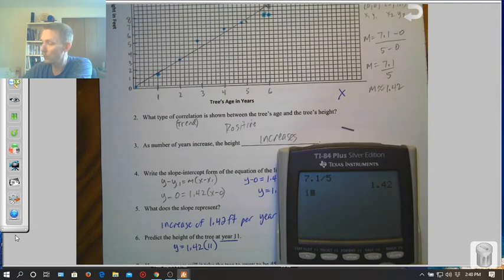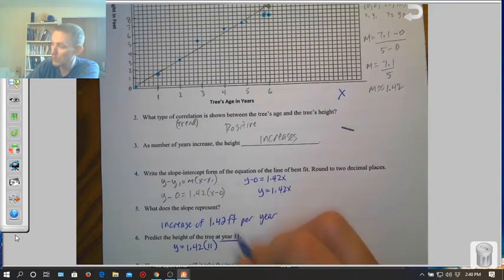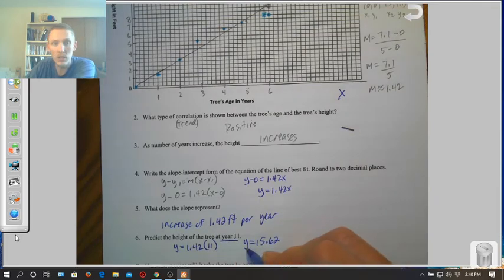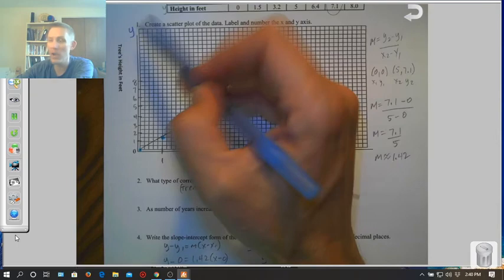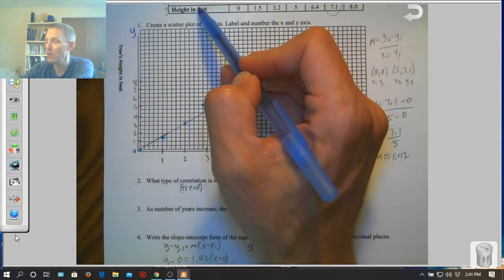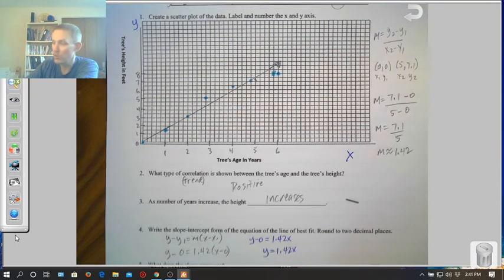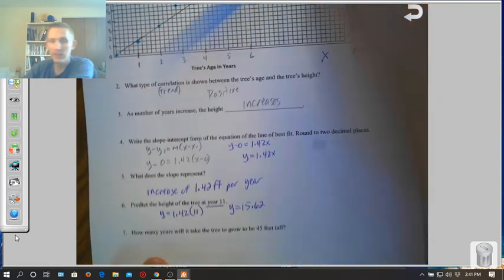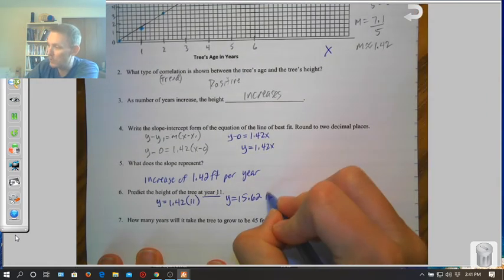So 1.42 times 11, 15.62. So y equals 15.62. And what did y stand for? Well, y stood for here and here, the height in feet. So that is going to be 15.62 feet.